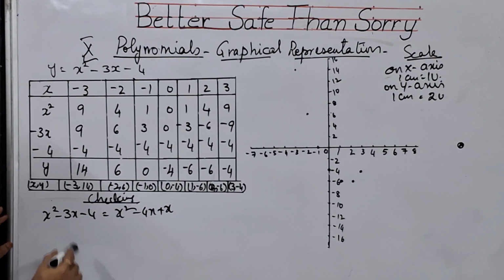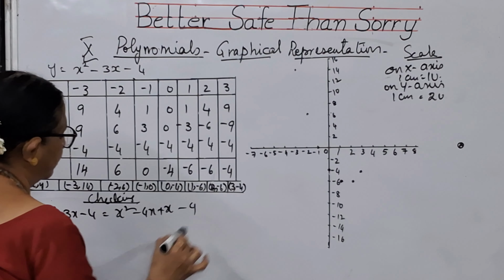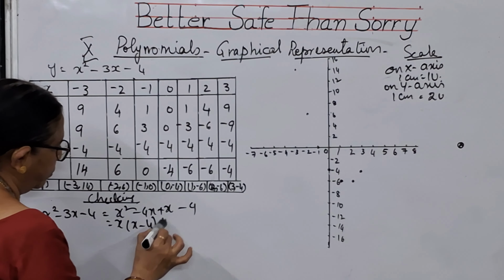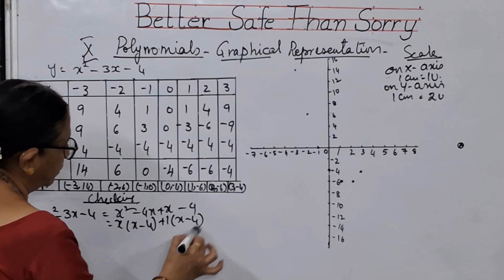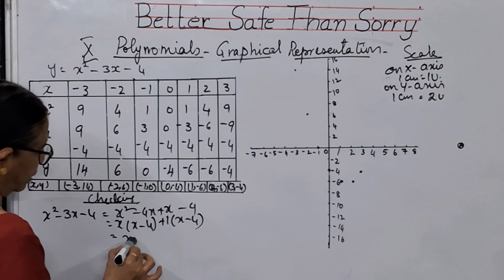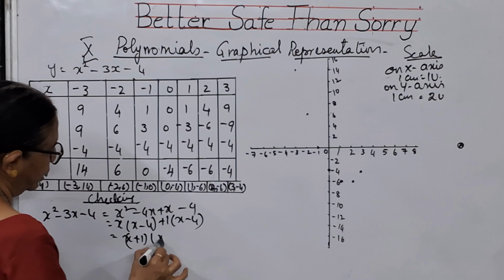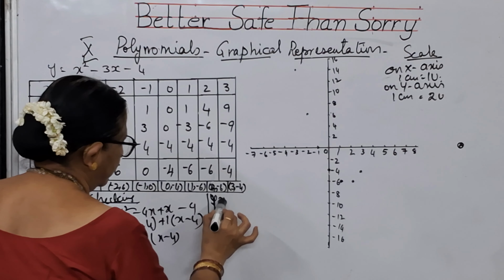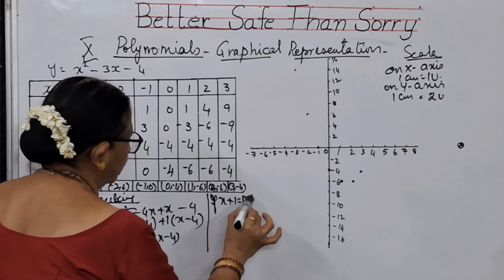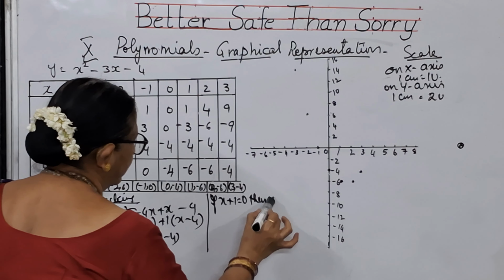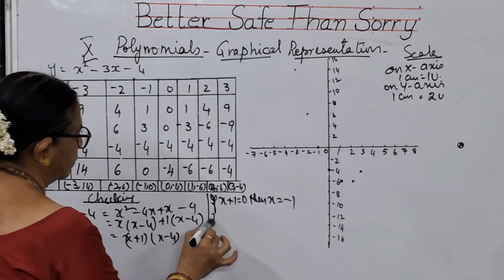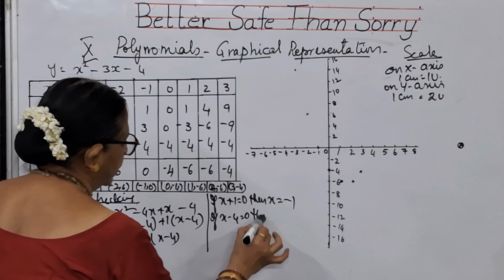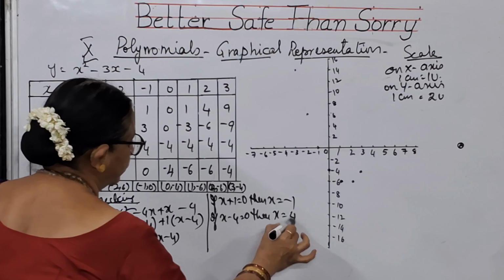So x into (x minus 4) plus 1 into (x minus 4), that means (x plus 1)(x minus 4). If x plus 1 is equal to 0, then x is equal to minus 1. If x minus 4 is equal to 0, then x is equal to 4.